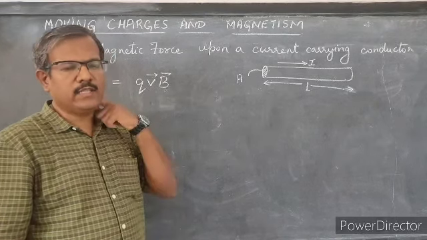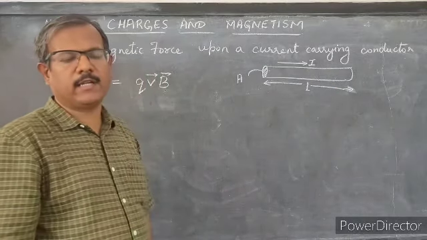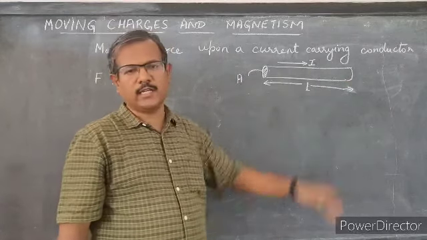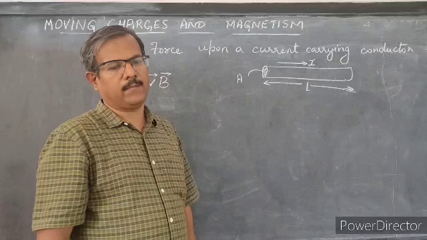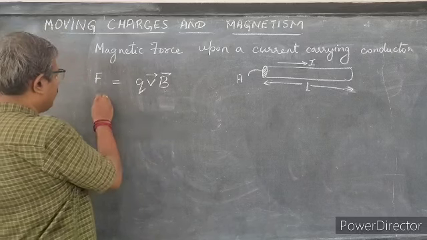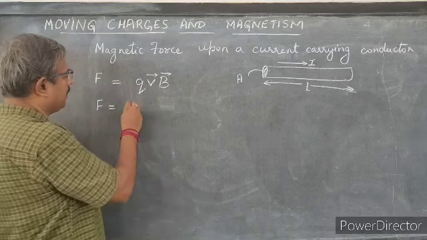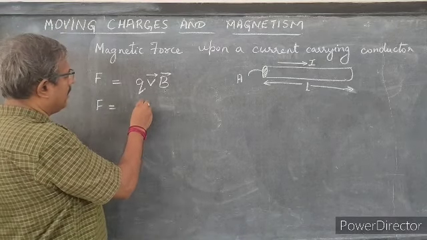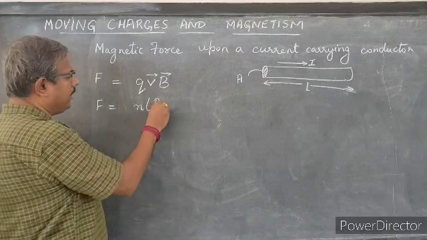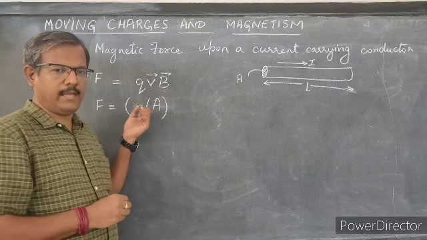let's start off with a couple of assumptions. One, we already said that it has an arbitrary length L and an area of cross section which is uniform across the conductor, which is capital A. So if this is the case, then my force, I can write it as N into L into A. What is NLA?